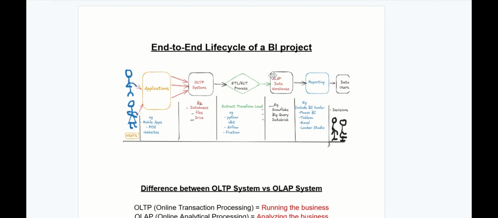This system is what we call OLAP. So we pull the data from the OLTP system, and then we store it in the OLAP system. Examples of OLAP systems include Snowflake, BigQuery, Databricks, Redshift, and so on. These systems are mainly for the analytics and reporting side of the business.